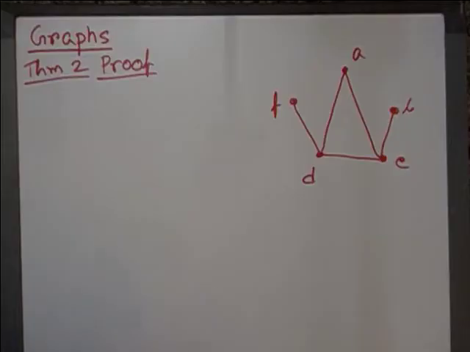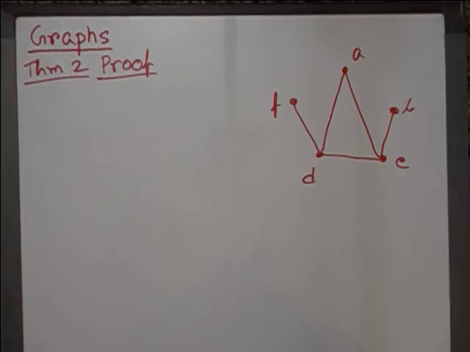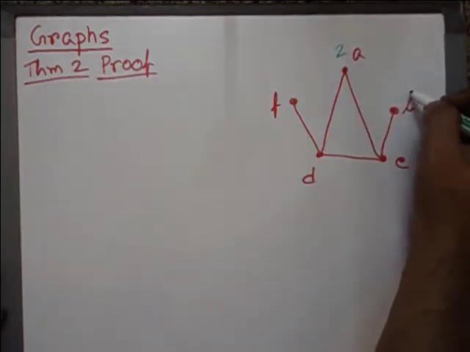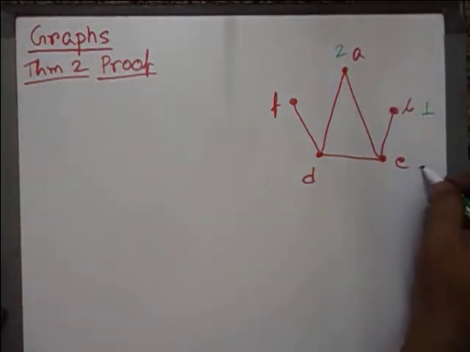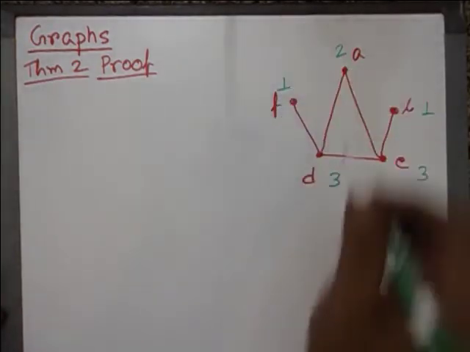So to prove that, let's try one example first. So we keep the example from the first undirected graph example that we just learned. So to use it, let's first write down the degrees for each of these vertices, as you remember. So A was 2, B is 1, C is 3, D is also 3, and this is 1.